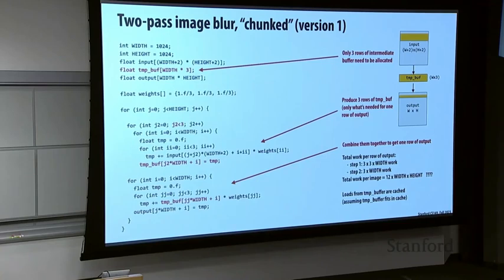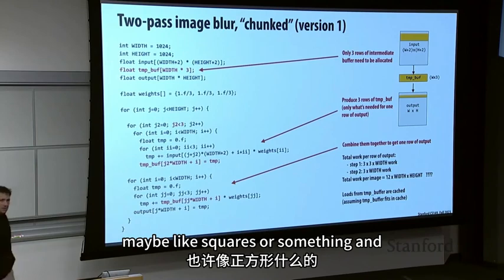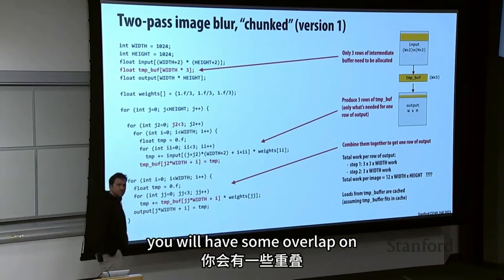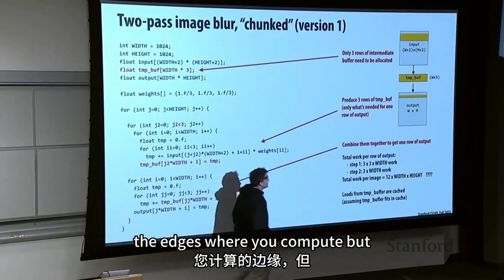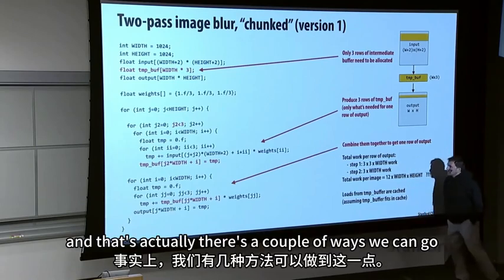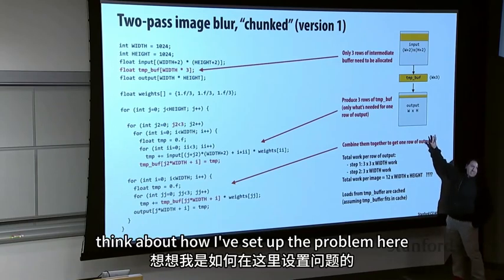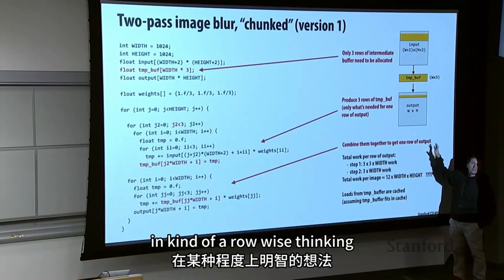I don't know if it's similar, but kind of just blocking into maybe squares or something, and you will have some overlap on the edges where you pre-compute, but you could then have smaller buffers. Okay, and that's actually, there's a couple of ways we can go, and I like that idea. So first of all, think about how I've set up the problem here in kind of a row-wise thinking.